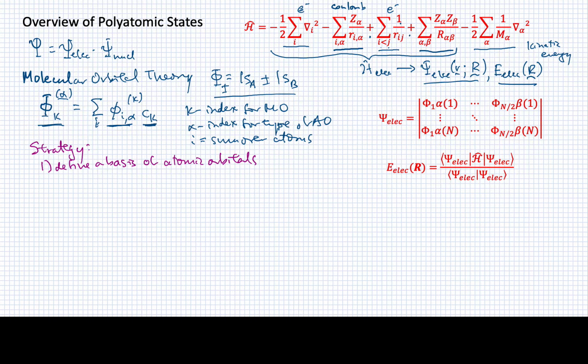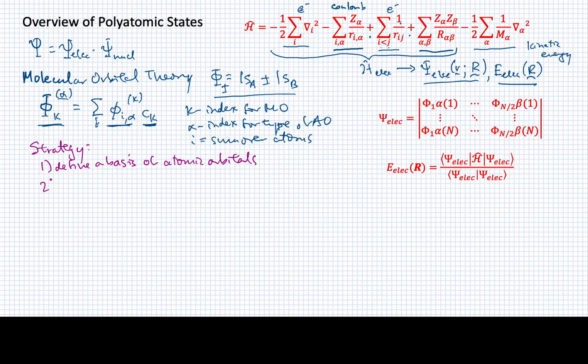We know what atomic orbitals are from hydrogen, but in fact it turns out that there are many different ways that one can express that basis and many different ways that one can represent it mathematically. And how we define that basis is going to be critically important to how good the results are that we get out. And we'll spend a lot of time, especially in this lesson, talking about how one goes about choosing that basis and what the different choices mean.